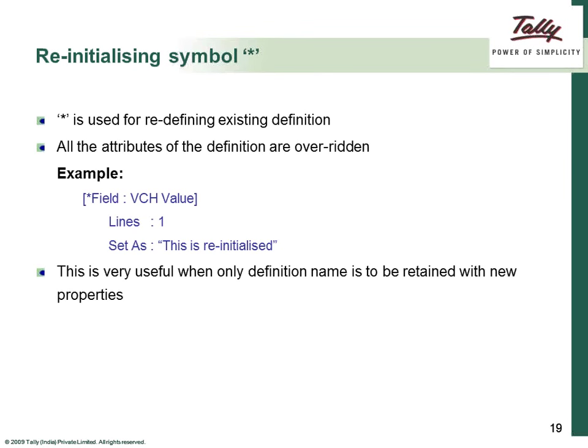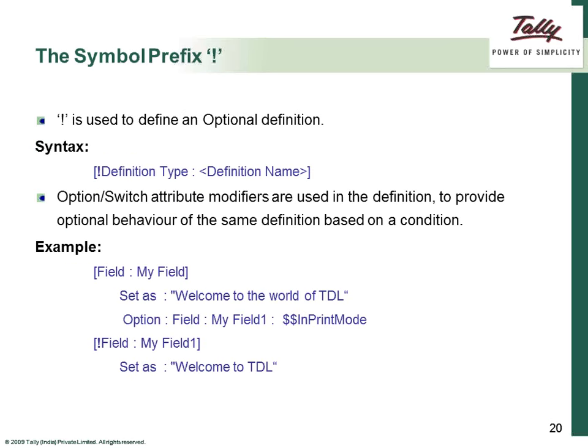Then we already spoke about the asterisk, the reinitializer symbol, which helps us to redefine the entire definition. The exclamation symbol prefix is used to define an optional definition. Whether the definition specified is executed is based on a condition.